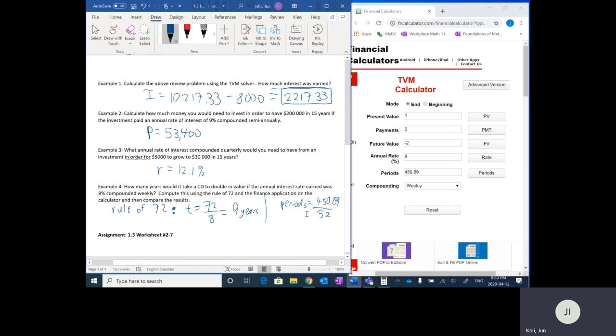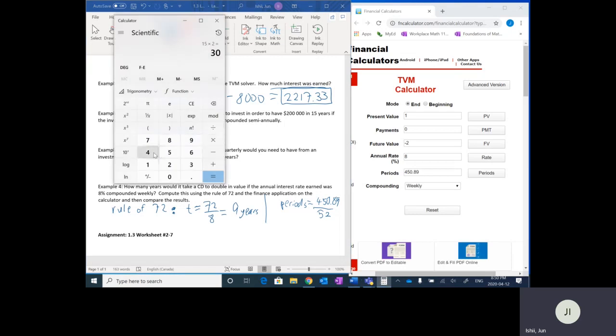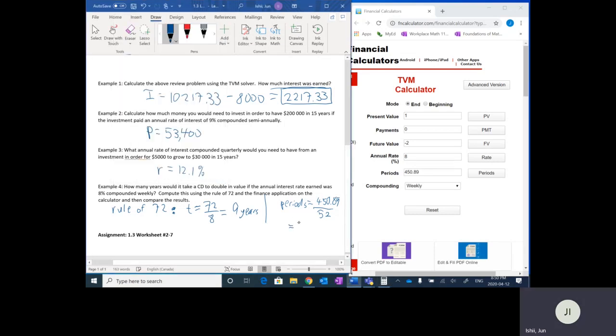To convert it to years, I'm going to divide that value by 52. 450.89 divided by 52 gives us 8.67 years. So that's the exact value. This is pretty close to the approximation, which was 9 years.